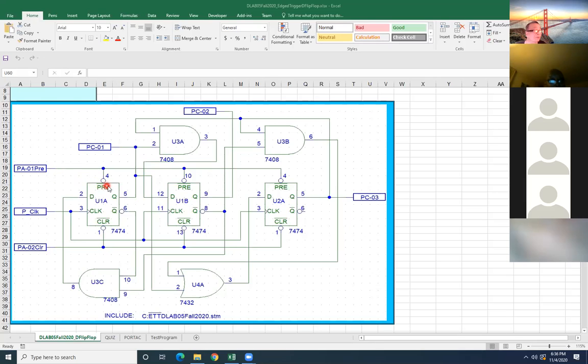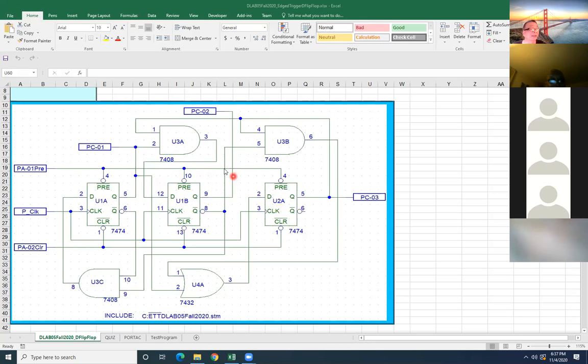Preset pin number 4, pin number 10. How many D flip-flops will be in this lab? 2 ICs, U1 and U2.